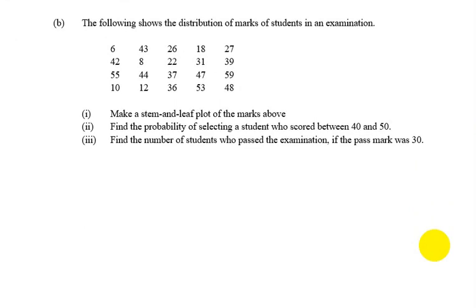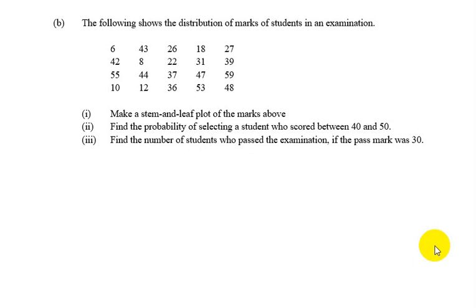We should make a stem and leaf plot of the marks above, find the probability of selecting a student who scored between 40 and 50, and also find the number of students who passed the examination if the pass mark was 30.